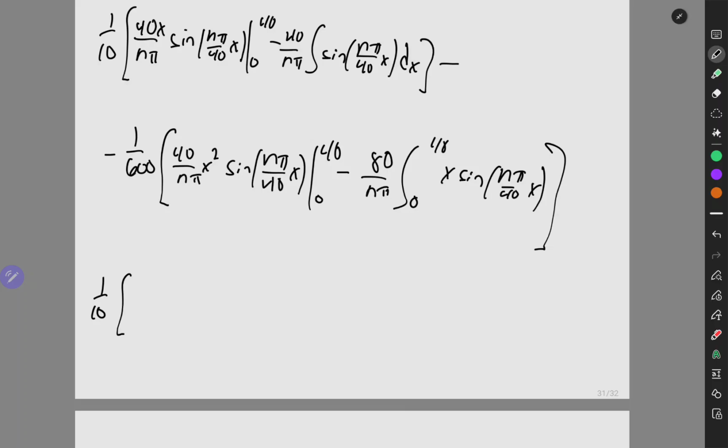Well, wait a minute. No. It's 0. Because look, I almost forgot about the trick. Sine of n pi is 0, right? Because 40 over 40 is 1, so that's sine of n pi, 0. And 0 sine of 0 is 0, so that term goes away.